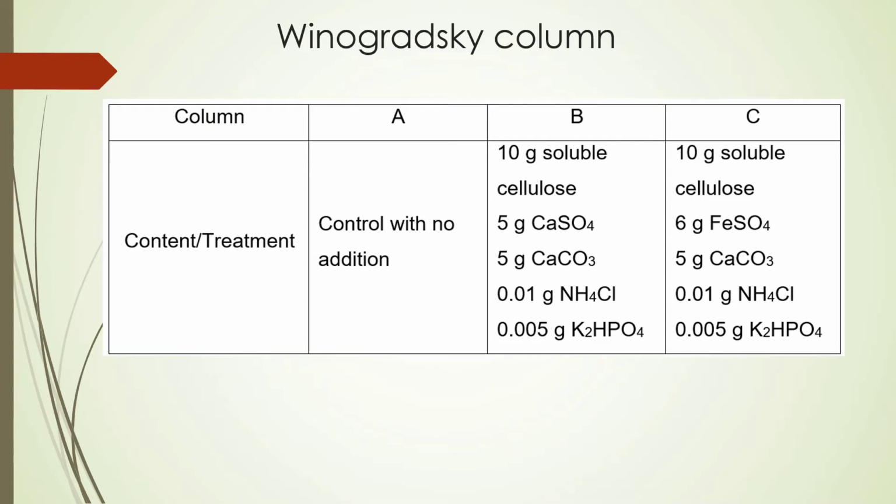find microorganisms related to chemolithotrophy and other processes. Okay, so if you look here, we have 3 columns: a control, and B and C. Here we have cellulose, calcium sulfate, calcium carbonate, ammonium chloride, and dipotassium hydrogen phosphate.